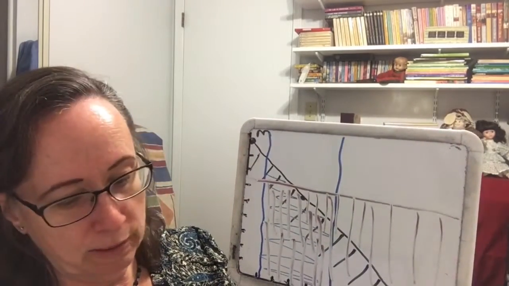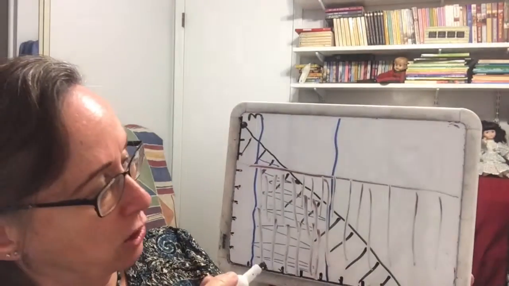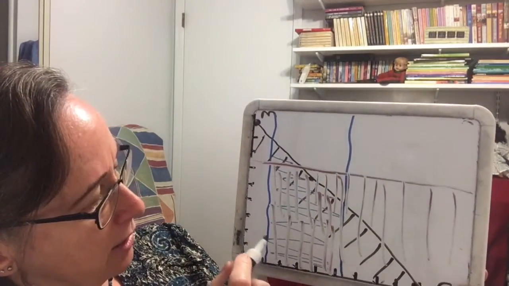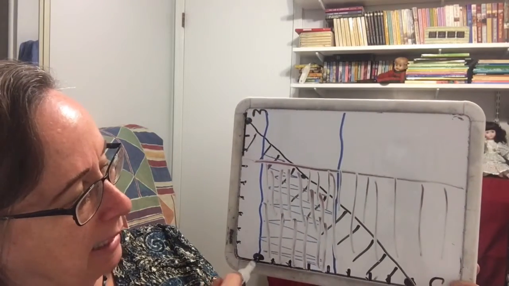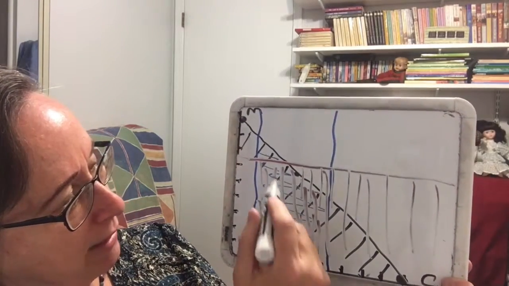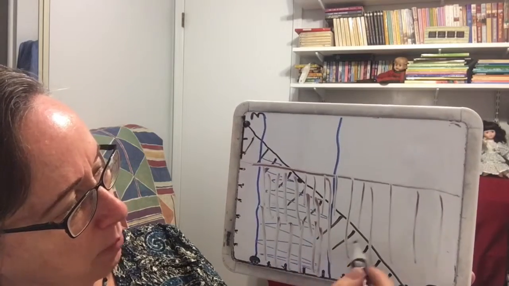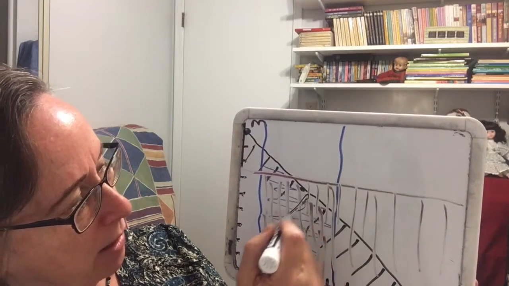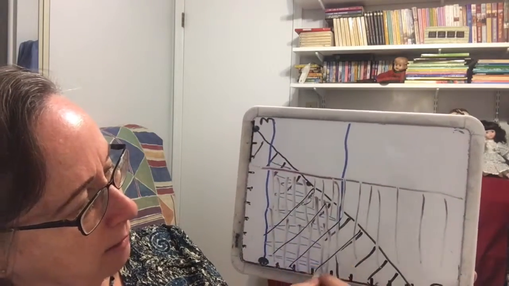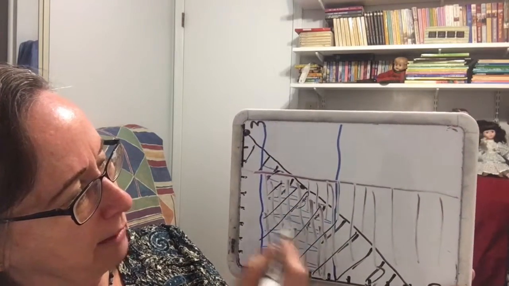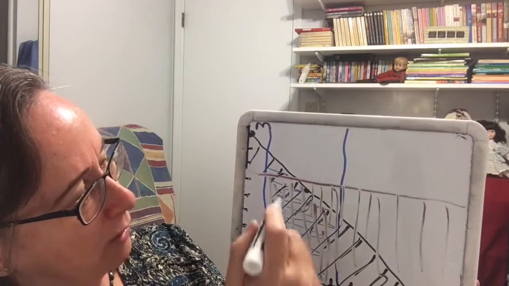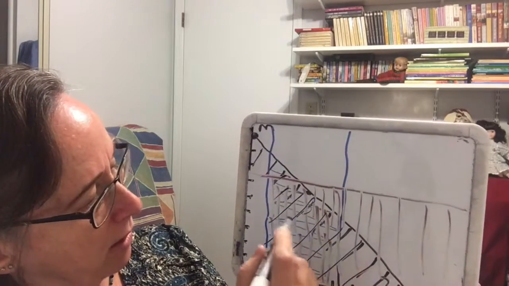Okay, so let's look at our special little spots here. So this one would be a special spot because that's the beginning of the whole thing. And everything down here is both red and black because the black goes on all the way through here, right? The black goes all the way. And the blue is in between these two blue lines. And then the red is everything below there.